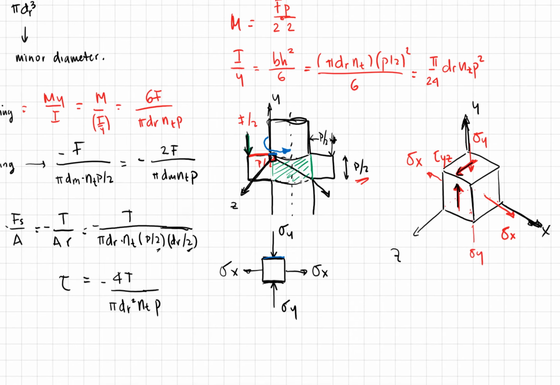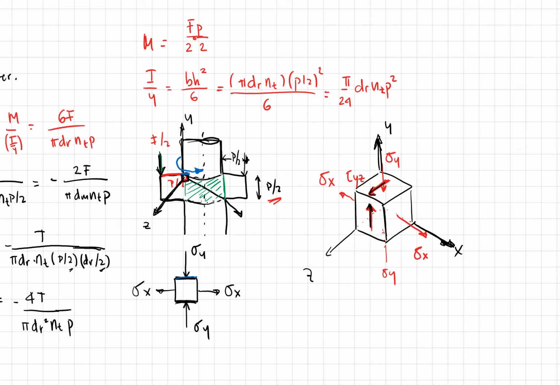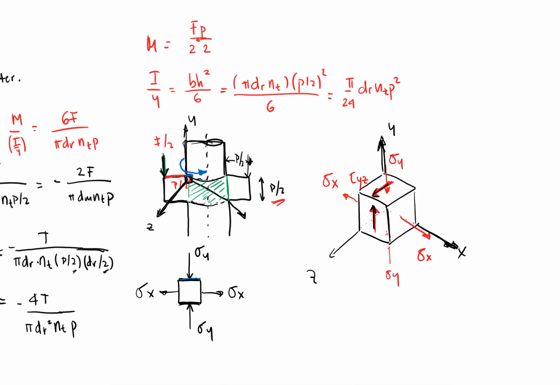Okay, that one would be located, like I mentioned before, from the center of my screw. If I move away, when I'm at this location, at that tiny stress element here, I would see it going outside of the page on these faces, and then nothing here, or like in and out.